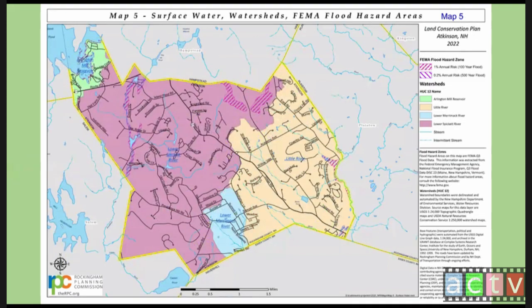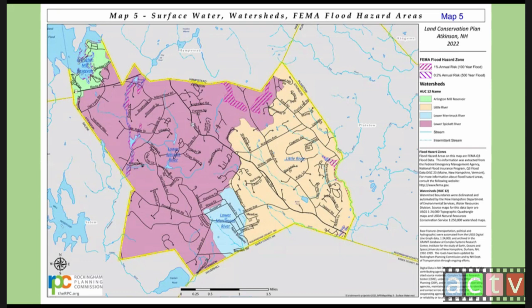Okay. The next map, map 5, is surface waters, watersheds, and FEMA flood hazard areas. Surface waters include ponds, streams, and intermittent streams. Watersheds just indicate where precipitation in that area flows to, so the coloring here is what direction rainwater will go.